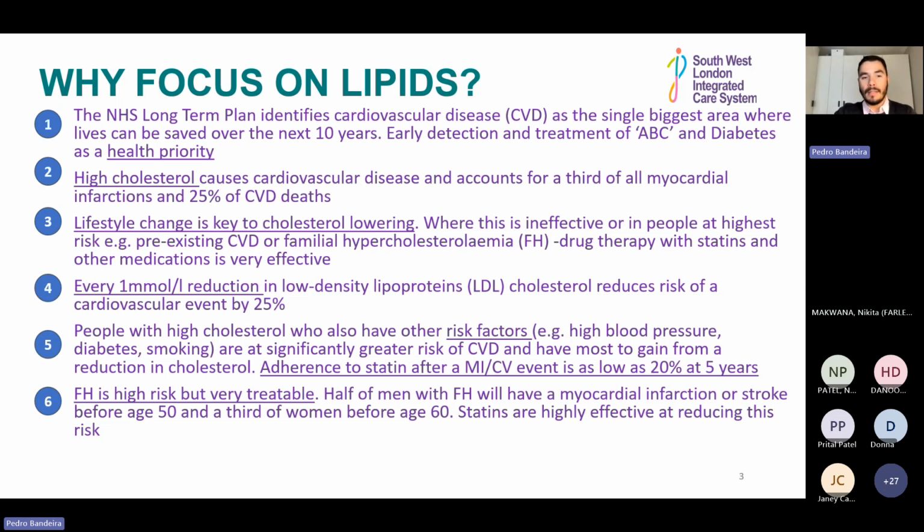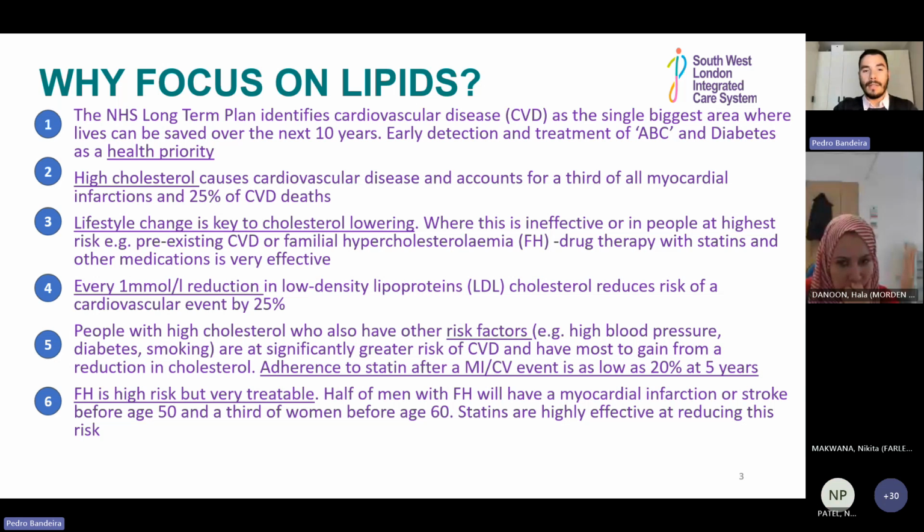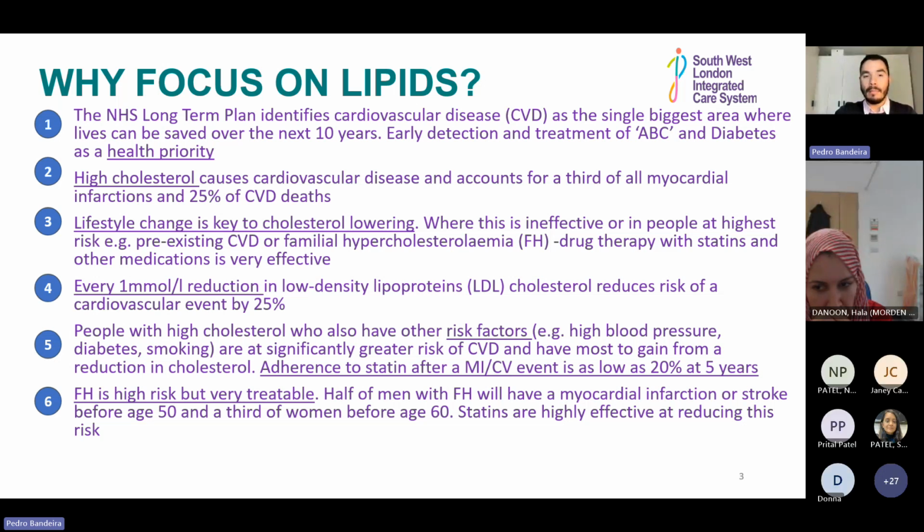We know that statin adherence is as low as 20% after 5 years of a heart attack. And later on, we're going to talk about FH, which is a genetic disorder affecting 1 in 250 people in the UK, and is associated with high mortality and morbidity if left untreated.